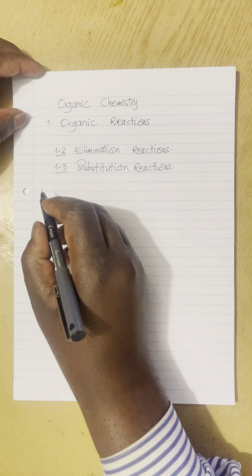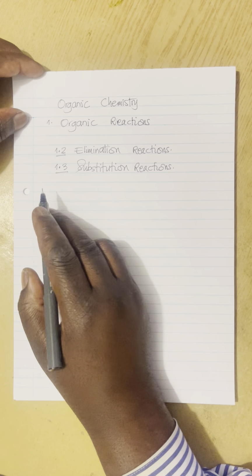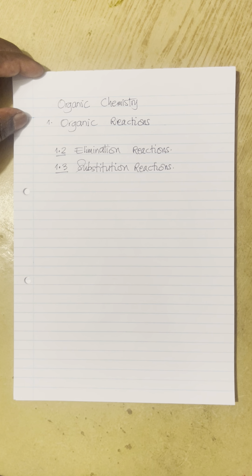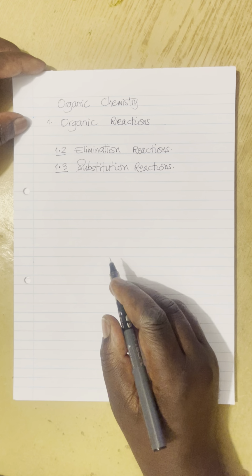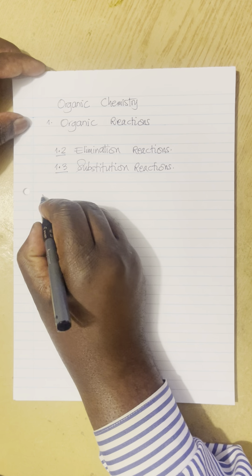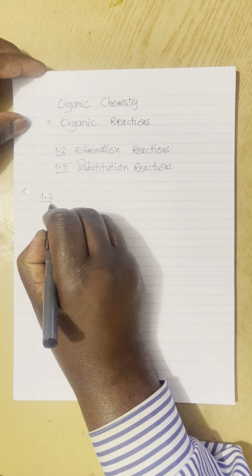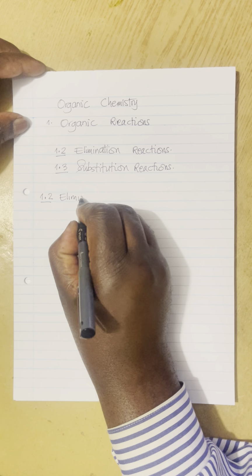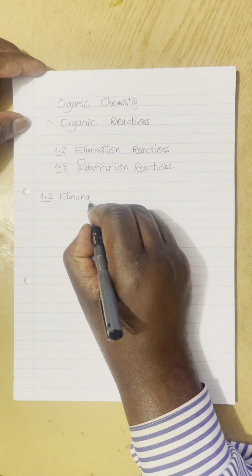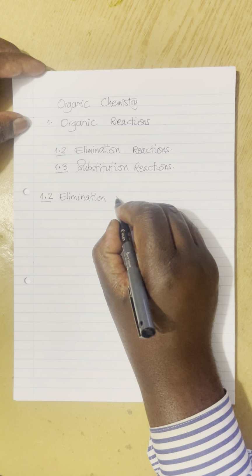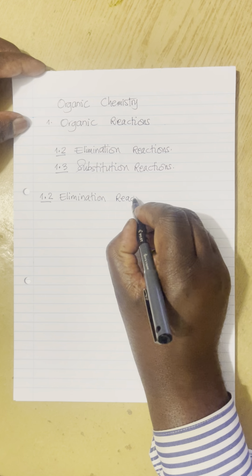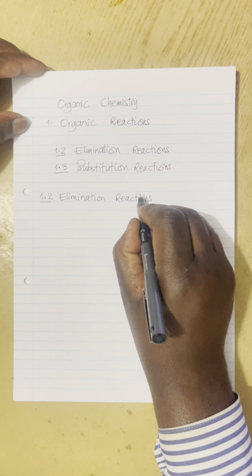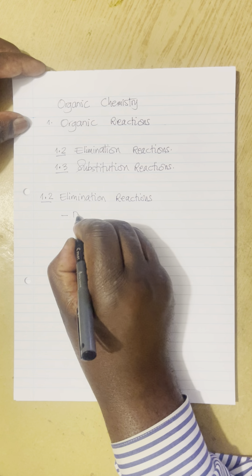Number one, in this case 1.2, we had 1.1 in the previous video where we were focusing on combustion. Now 1.2 is elimination reactions. And I'm going to describe a couple of elimination reactions. Number one, dehydrohalogenation.